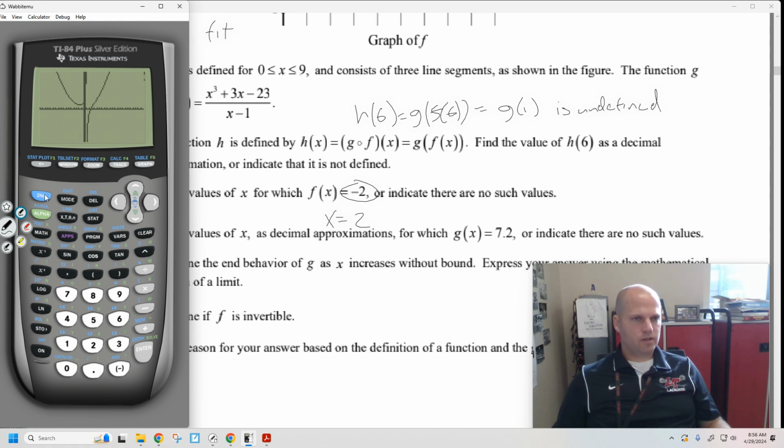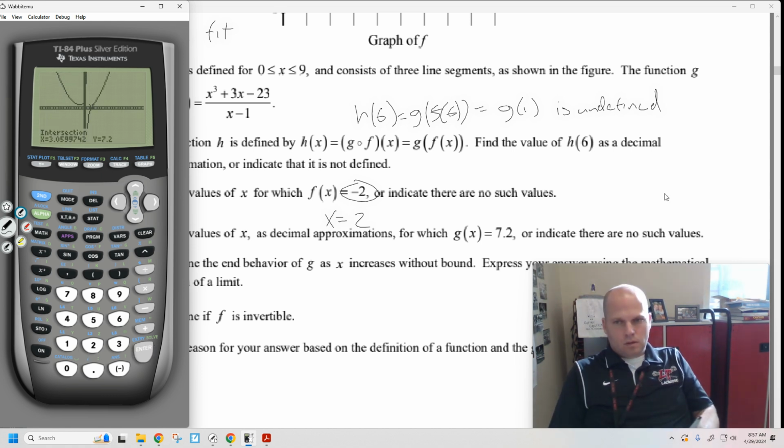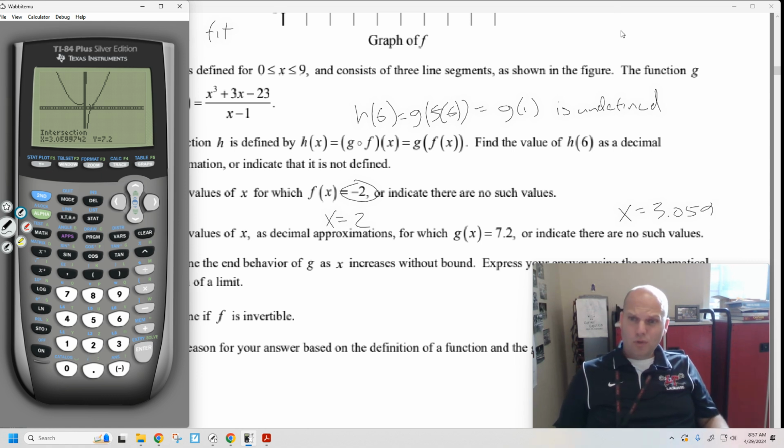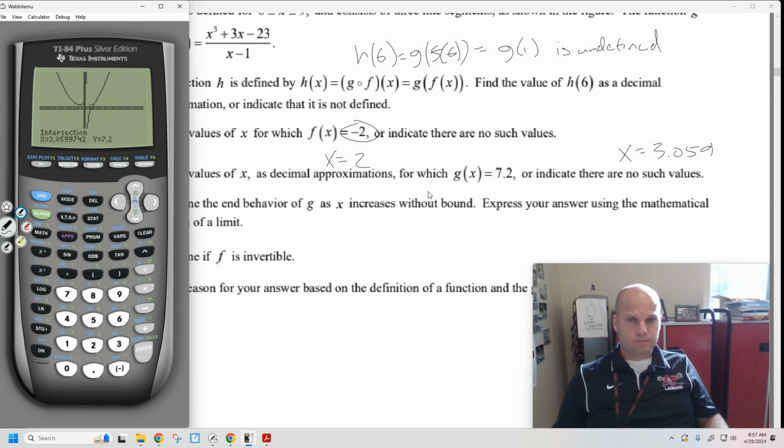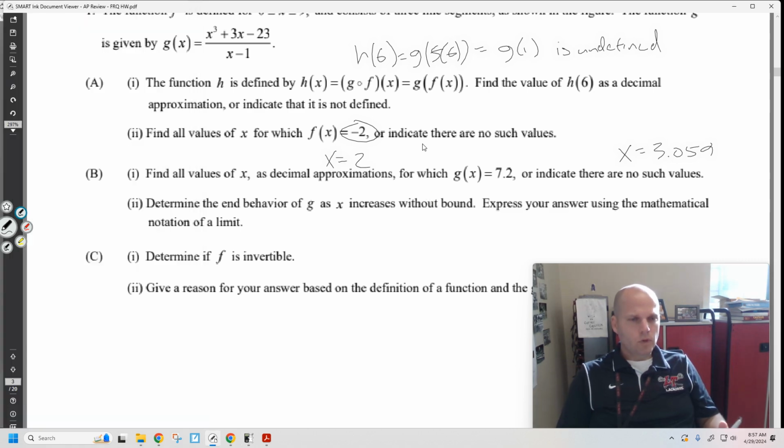I want to find the intersection, not move things over. You could put 3.060 if you wanted to. All right.